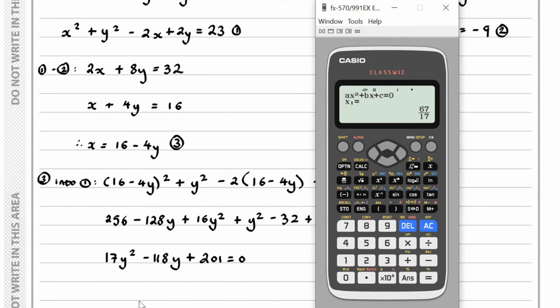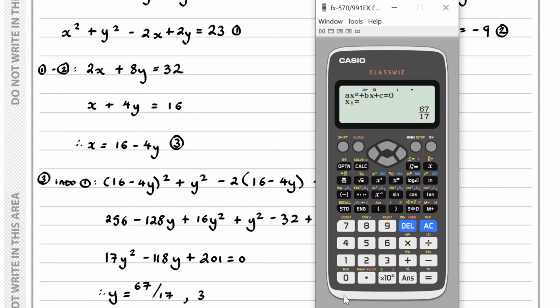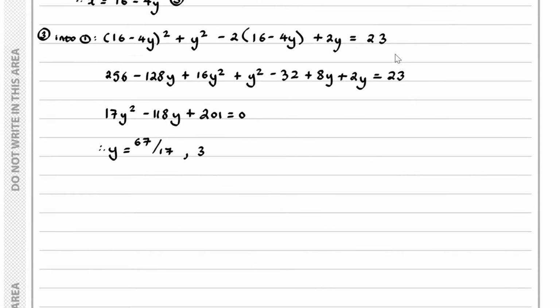So we end up with y equaling 67 over 17 and also 3. Okay? So this is what y is, and what we can now do is find out the corresponding x coordinates.